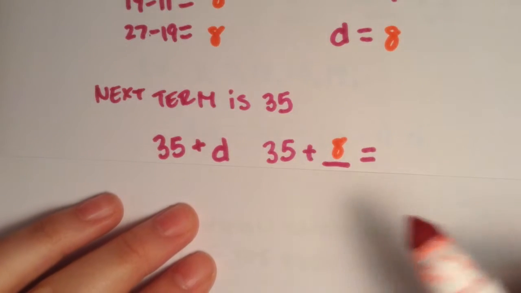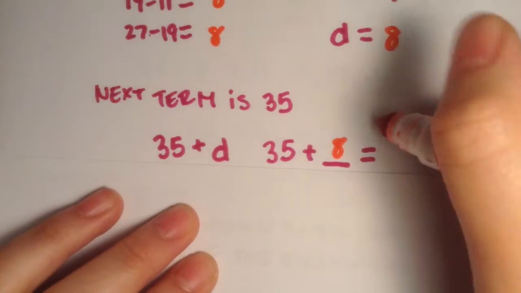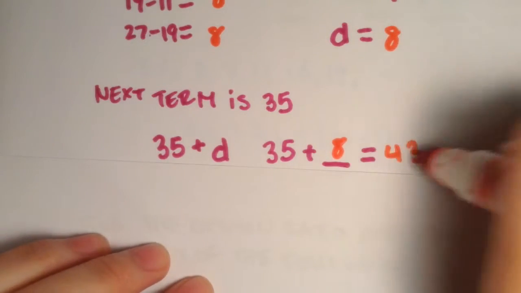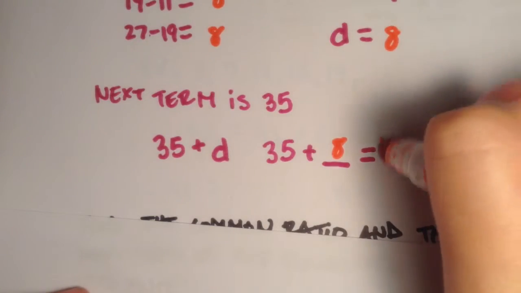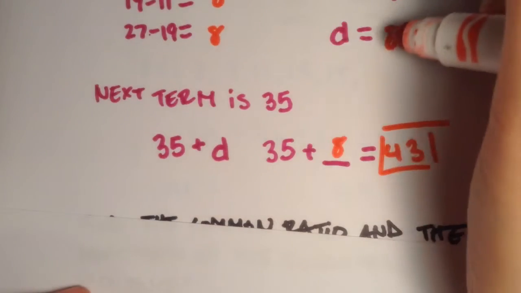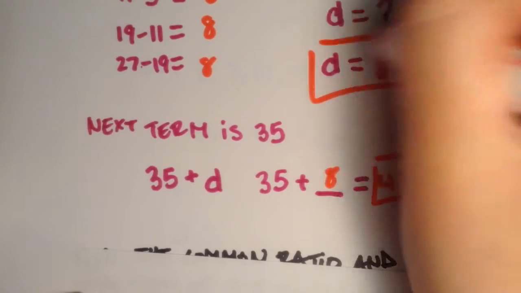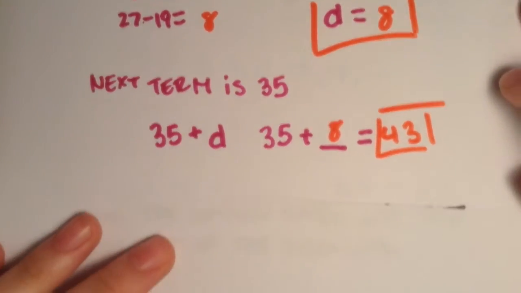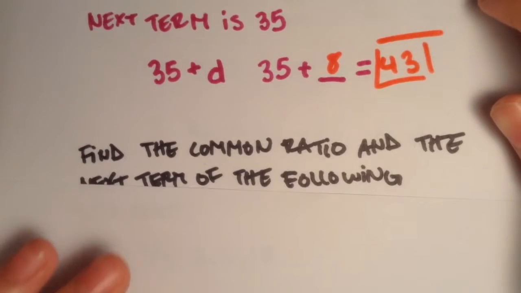So 35 plus 8 would equal 43. And that's it. So there we found the common difference and the next term in the sequence.